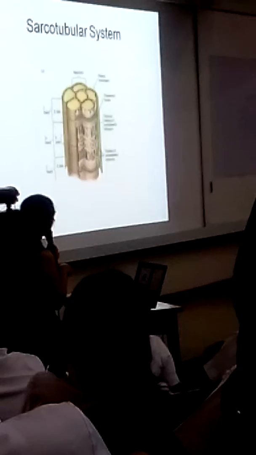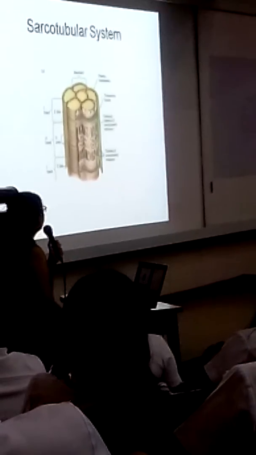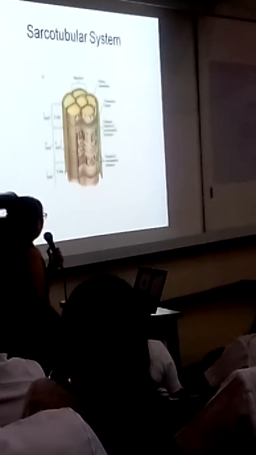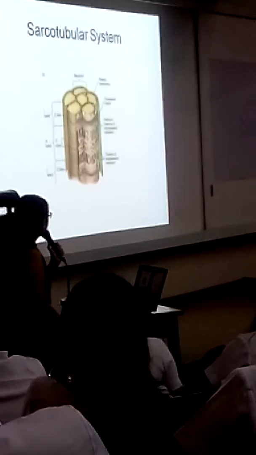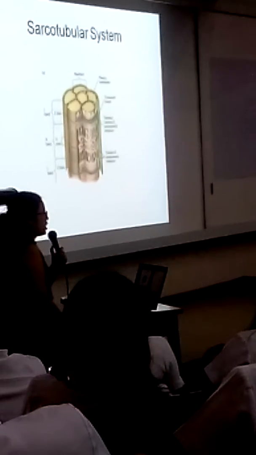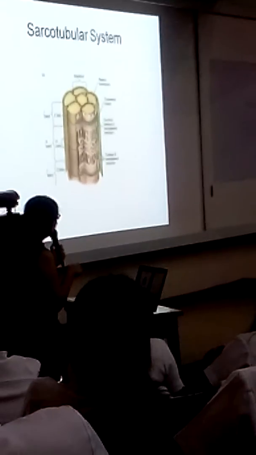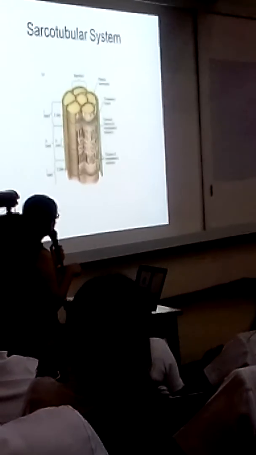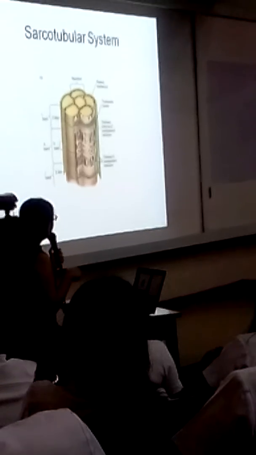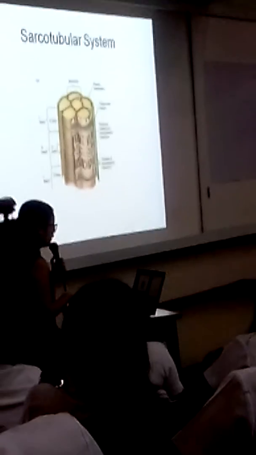Here is your sarcotubular system, which is important in the transmission of your action potential, because it is in the T tubules that the action potential from the motor nerve fiber will be transmitted.